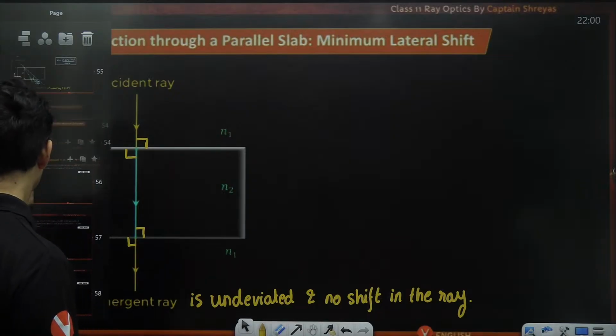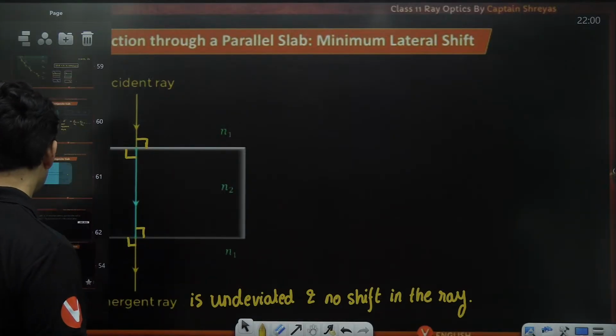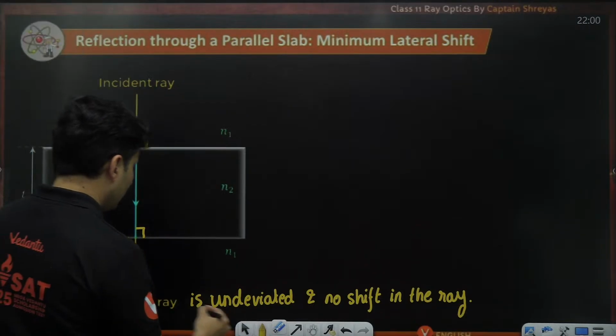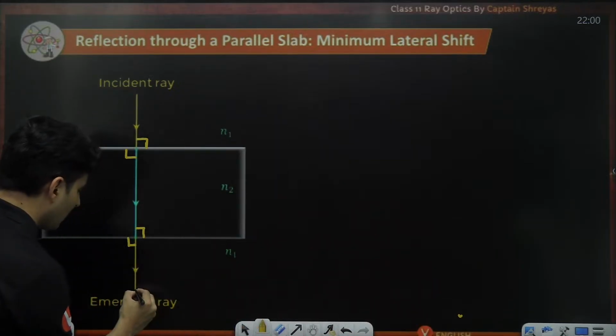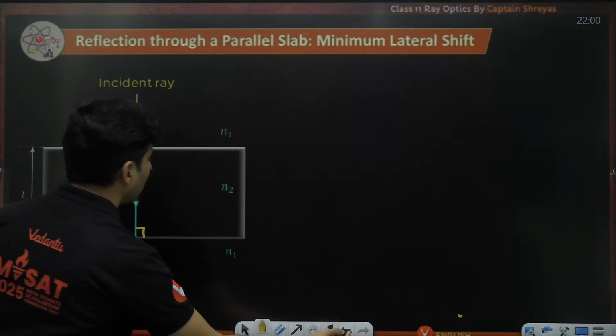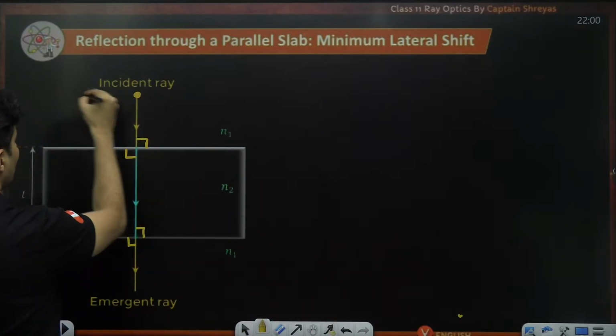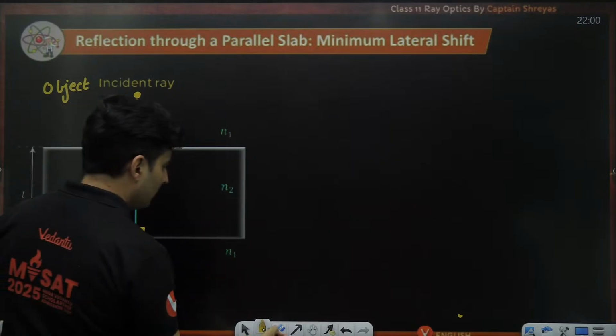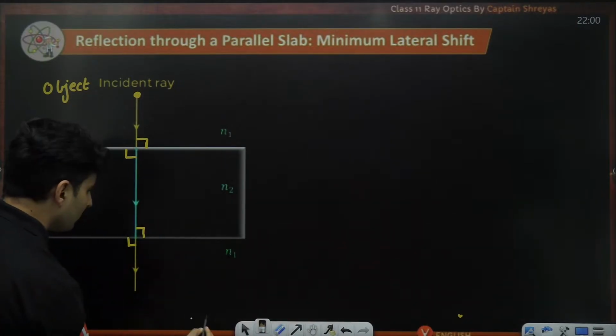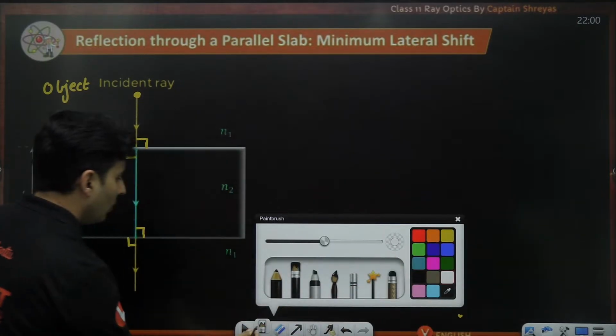Now, having said that, one last thing which I can tell you over here, especially this one. When there are these multiple layers, what happens is, imagine there is some object over here and you have an observer here.